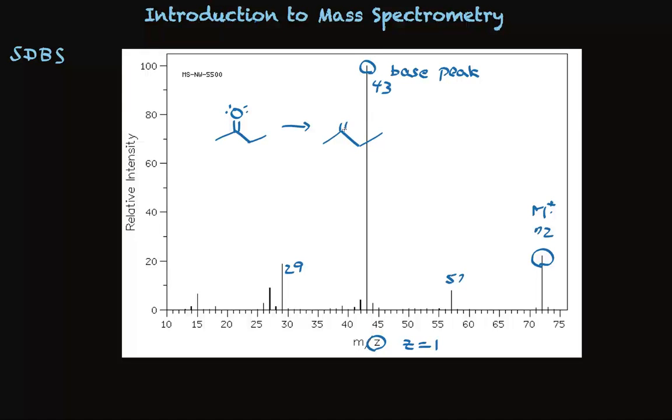So we are going to say that one of those carbonyl electrons is lost, and that leaves a positive charge. The fragment we see to go from the molecular ion to this one is minus CH3, 15.